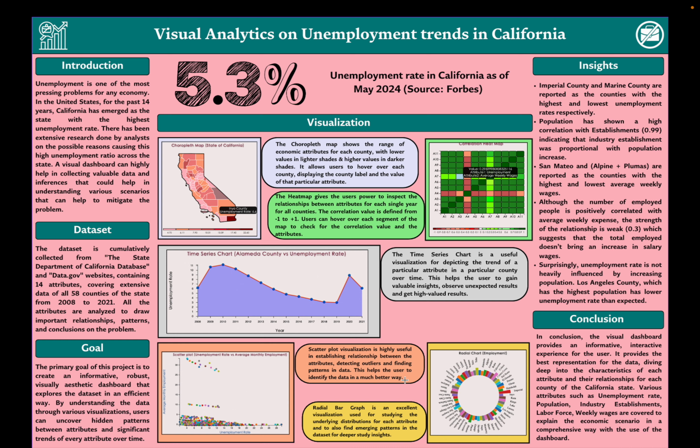Also, this dataset contains 14 attributes which cover extensively 58 counties of the state from year 2008 to 2021. All these attributes are analyzed to draw the important relationships, patterns, and conclusions for this problem, that is unemployment trends. Okay, let us now dive into the dashboard.